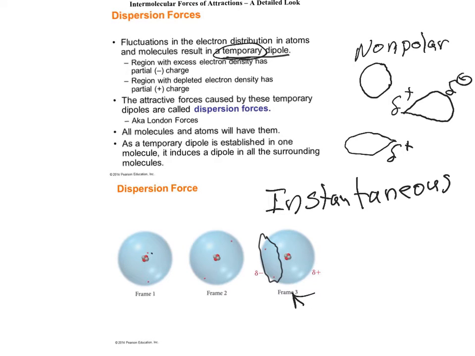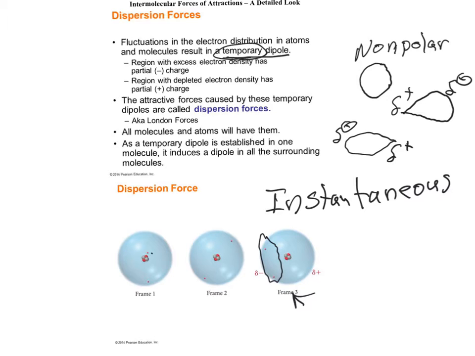So it's a moving target in all 3 directions, X, Y, and Z, coming out of the page, going into the page, and if you were to sum these up and average them, you would find this, because they would be randomly distributed at any given time. So these instantaneous dipoles, every molecule, even nonpolar molecules, have. Polar molecules can have it too. It's just these would happen on top of an already permanent dipole.